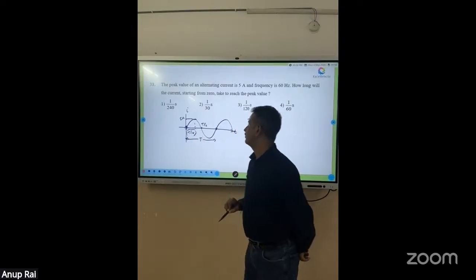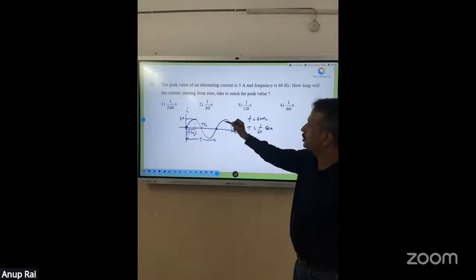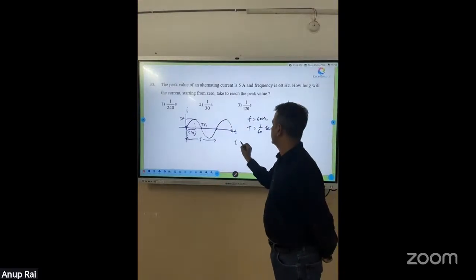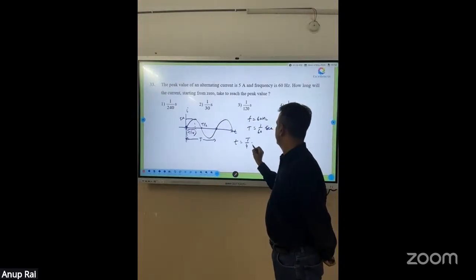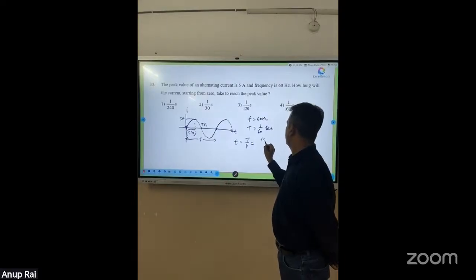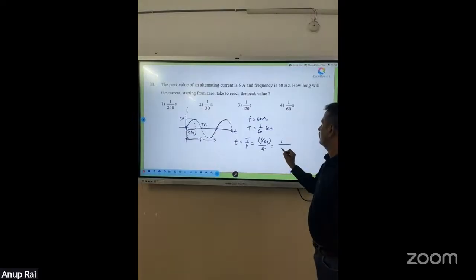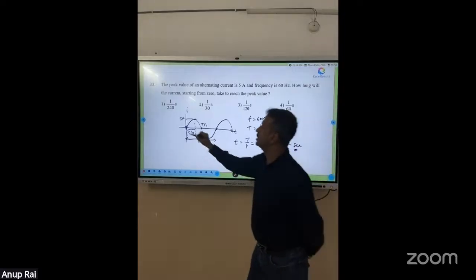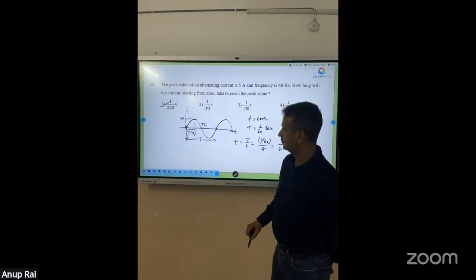So from 0 to the peak value, the time taken is T by 4, which is 1 by 60 divided by 4, 1 by 240 seconds. This is the answer, right?